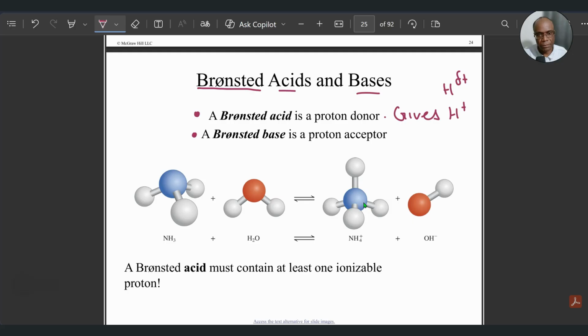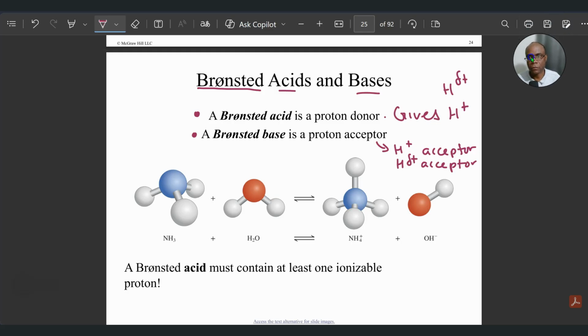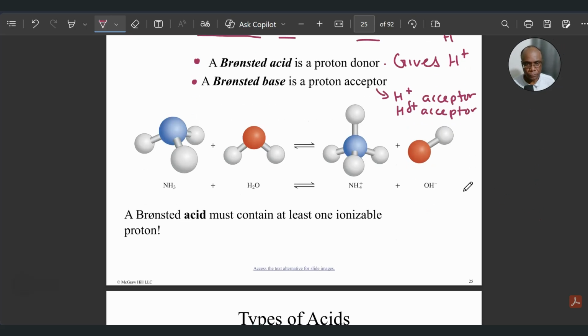And then a Bronsted base is one that accepts that H plus that was given. So this is an H plus acceptor, or you can call it an H partial plus acceptor. So when someone gives, another person has to receive, right? Which is what you are doing here.